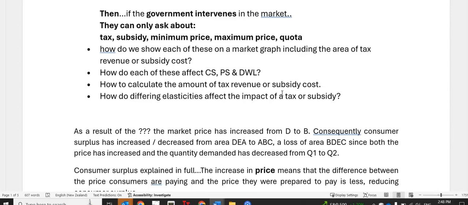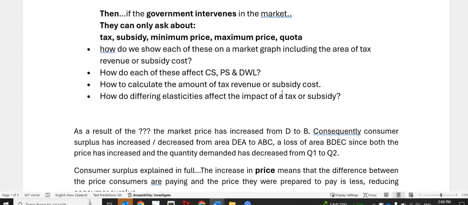And the thing for me that does make things slightly tricky is, and it's not just for taxes and subsidies, they can ask it for anything, what is the difference if a product has elastic demand or inelastic demand? So I'm not going to go into all that. You need to know the factors that affect how elastic demand is for a different product.